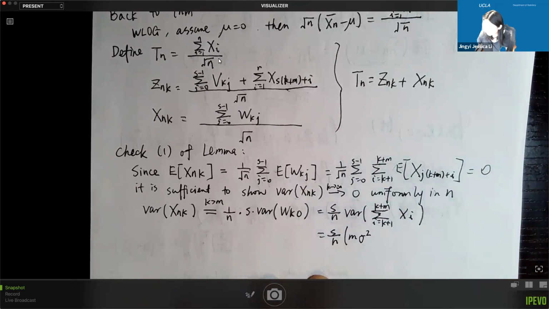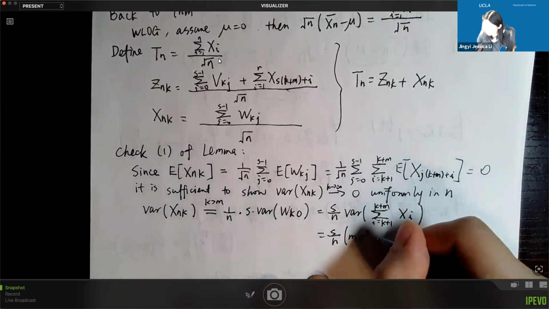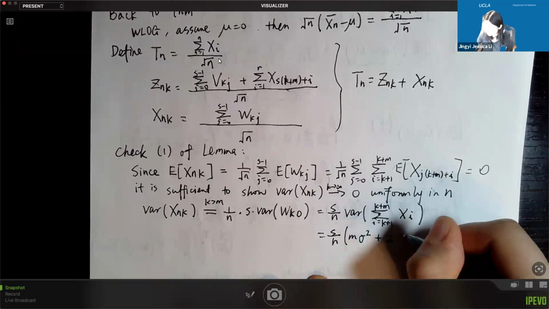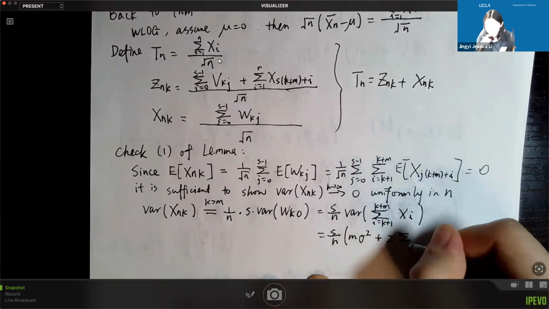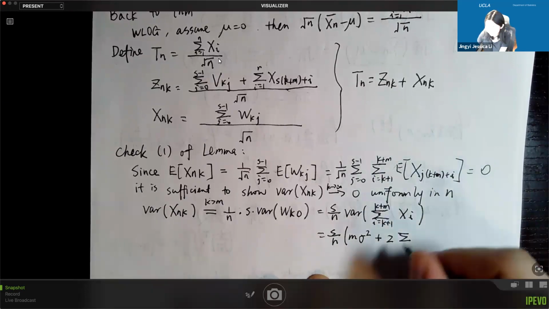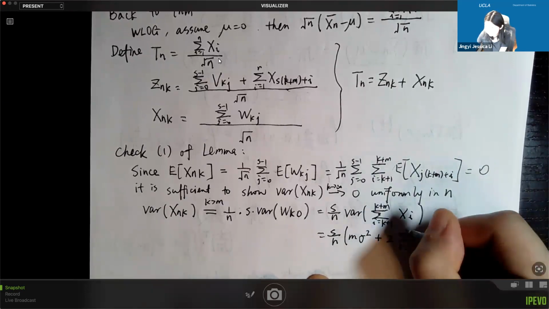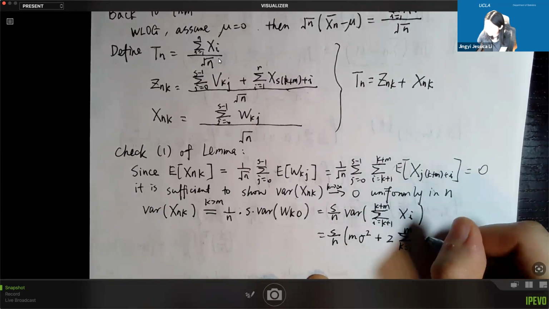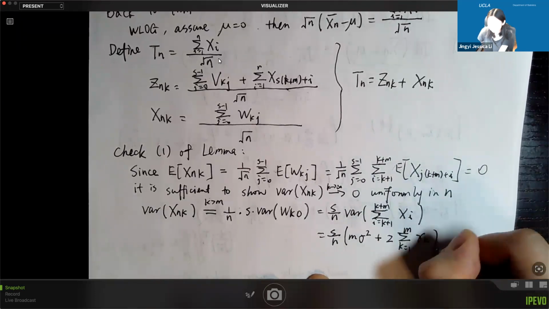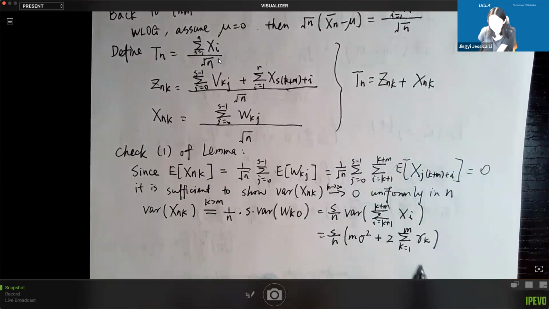And also I have 2 times the sum over k from 1 to M of gamma k. I have the covariance of each of the pairs within here. I think that's it, right?